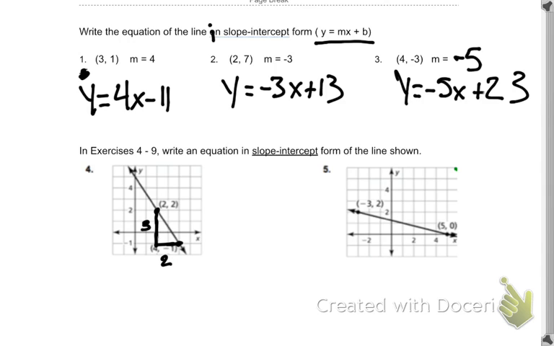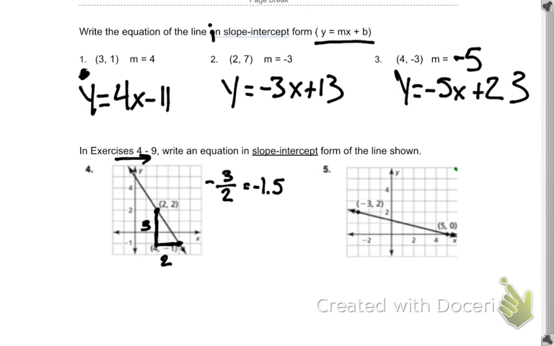One thing to notice with my rise over run is as I moved from left to right on this graph, my graph is going down, which means I will be having a negative slope. So I'm going to start with my negative, and my rise over run is 3 over 2. So in this case, my slope is equal to negative 1.5.